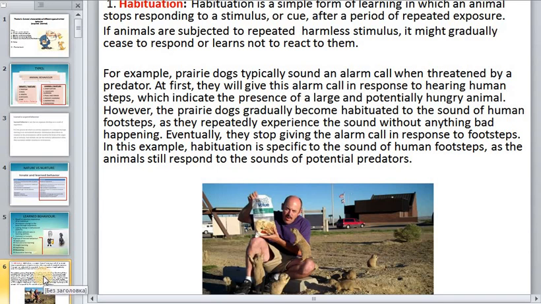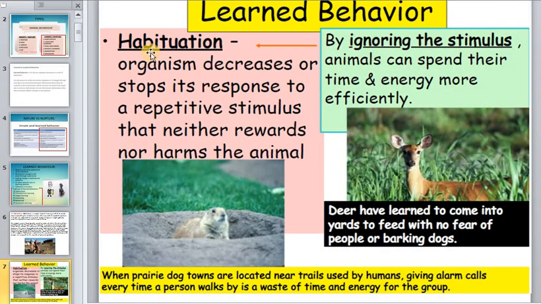And it is a habituation, and here we see what it is. The organism decreases or stops its response to a repetitive stimulus that neither rewards nor harms the animal, and just ignores the stimulus, and animals can spend their time and energy more effectively, just not have any stress.